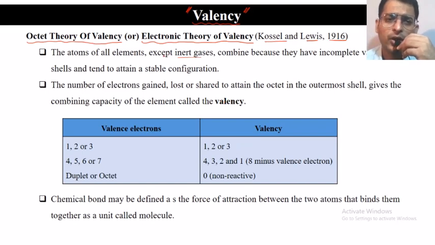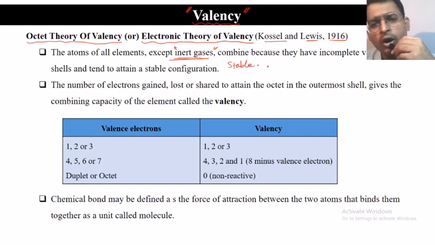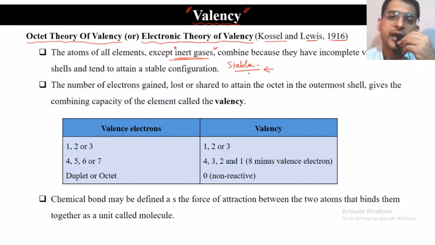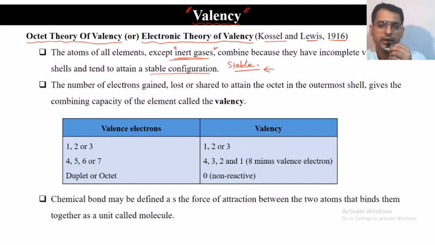That means inert gases are stable. All other elements try to be stable like the inert gases. How do they tend to attain this stable configuration of the inert gases? What is this configuration?